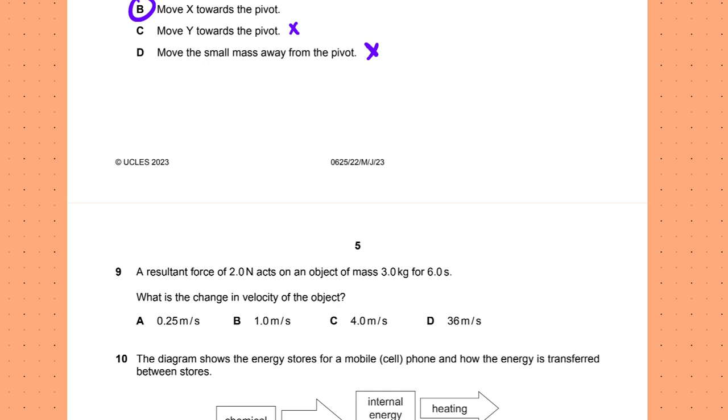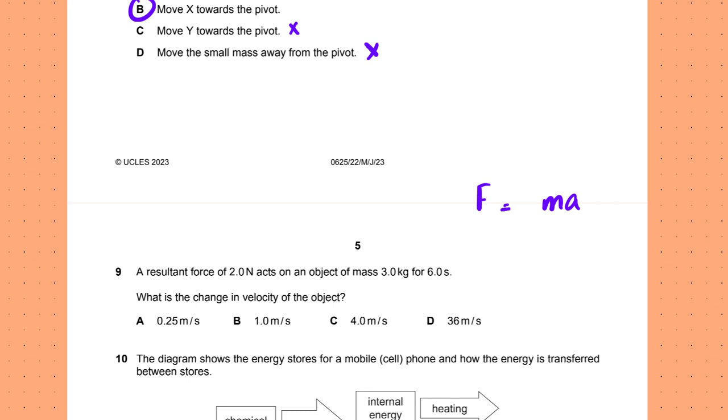Question number 9. A resultant force of 2 Newton acts on an object of mass 3 kg for 6 seconds. What is the change in velocity of the object? So we can use F equals ma, but somebody could also choose to use F equals delta P over delta T, and it would yield the same answer. After all, the equations are numerically and also algebraically equal.